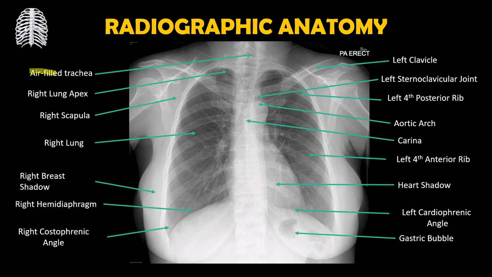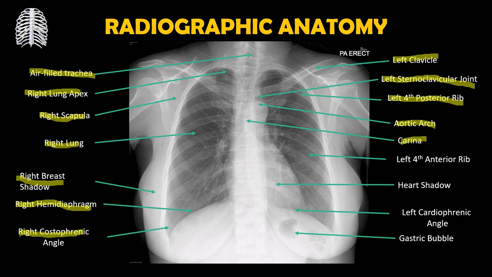We can see here the air-filled trachea, the right lung apex, right scapula, right lung, right breast shadow, right hemidiaphragm, right costophrenic angle, left clavicle, left sternoclavicular joint, left fourth posterior rib, aortic arch, carina, left fourth anterior rib, heart shadow, left cardiophrenic angle, and gastric bubble.